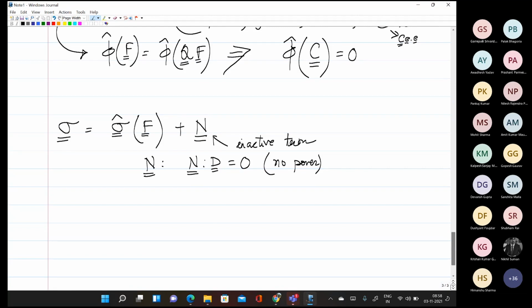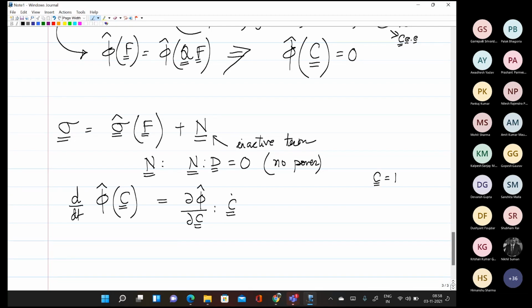Now let us look at this constraint function phi hat and take its time derivative. Phi hat as a function of C. Let's do d by dt. So this is then going to be del phi hat by del C double contraction C dot, isn't it?